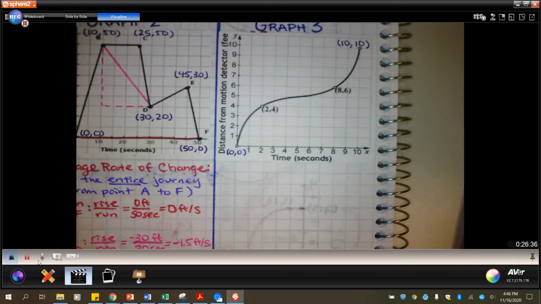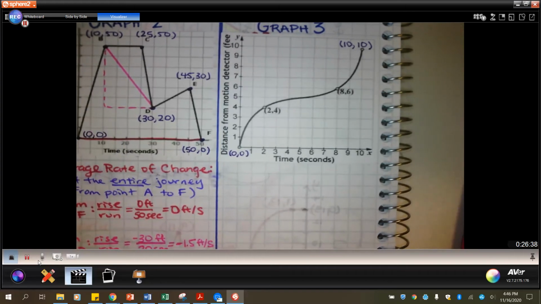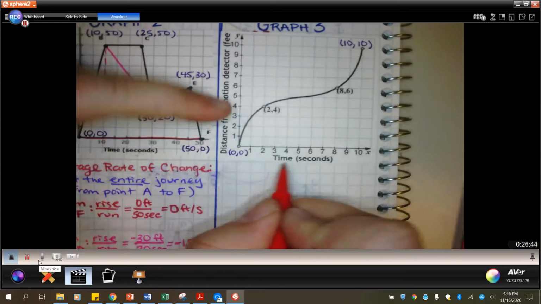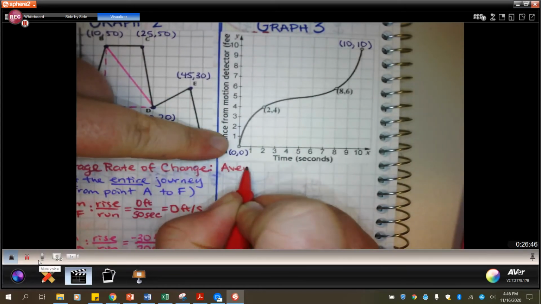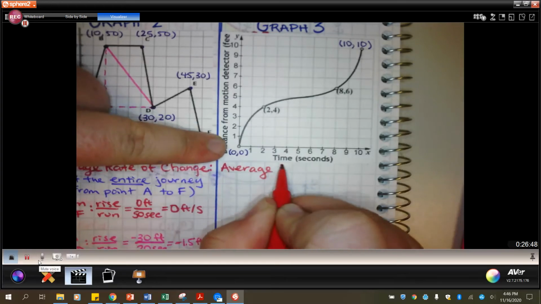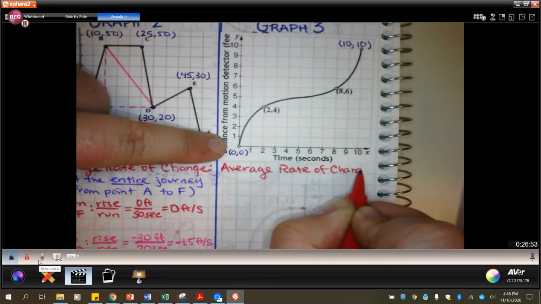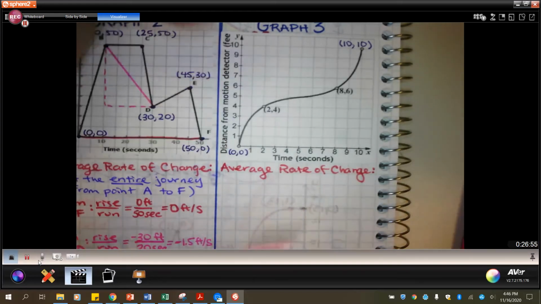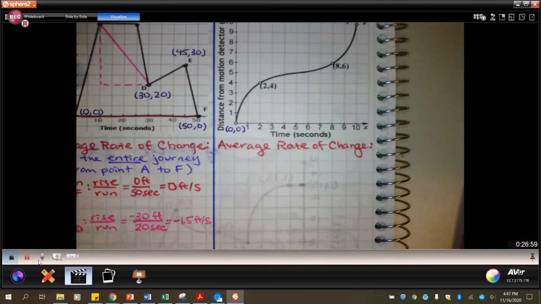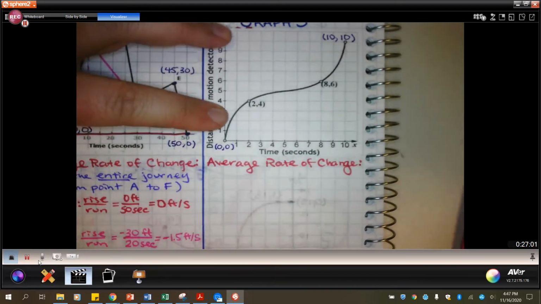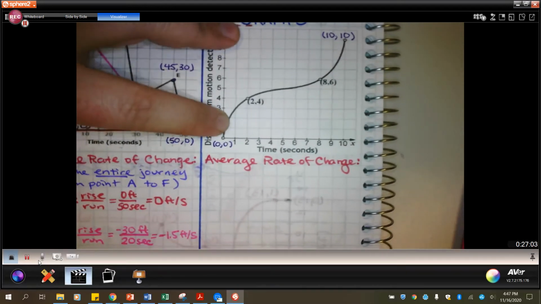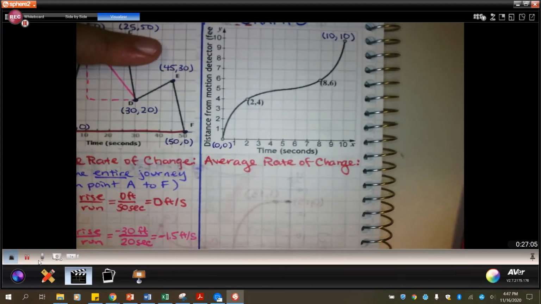So what we're going to do is the same thing before. It's just weird because there's already a curve there. Okay, so we're going to find the average rate of change from, and I'm going to go back to referring to these in seconds because there's no letters associated with them.